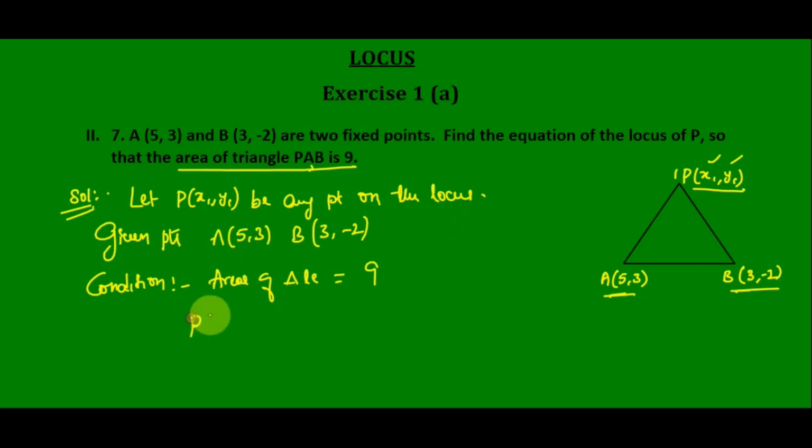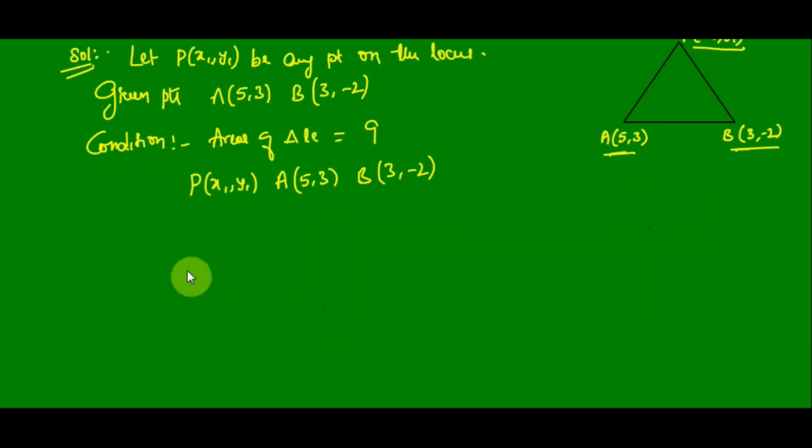See here, what are the 3 points? P (x1, y1), A is (5, 3), B is (3, -2). When the three vertices are given, then how did we find the area of the triangle? There is one formula, right?